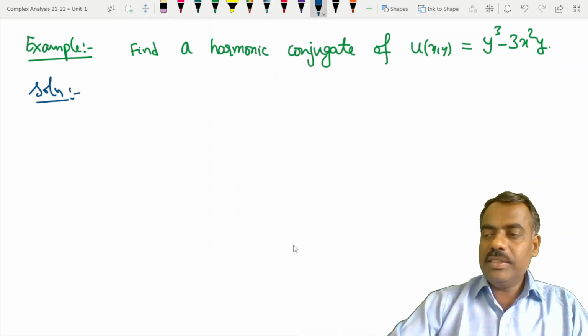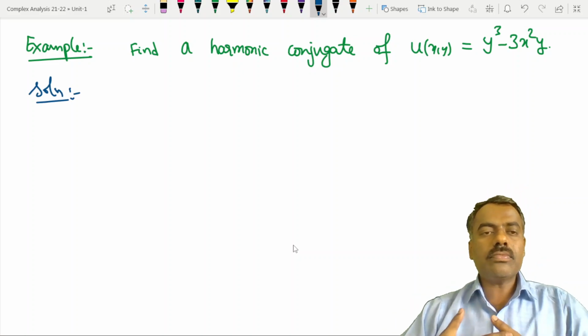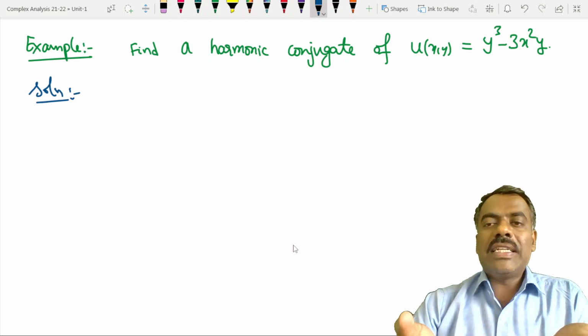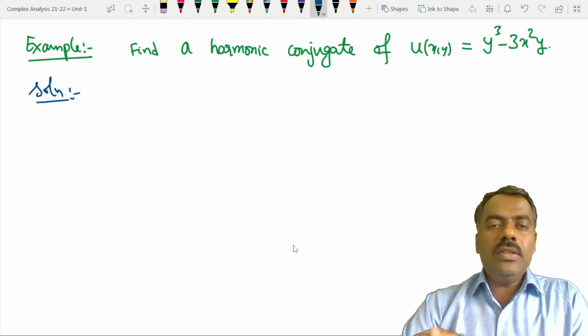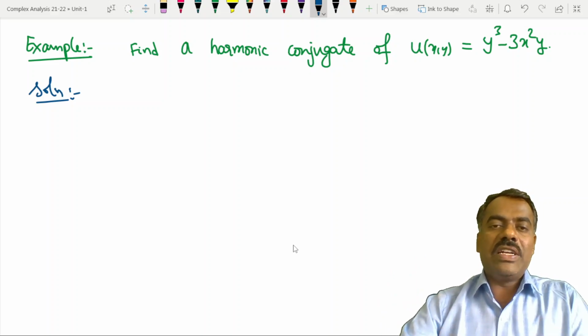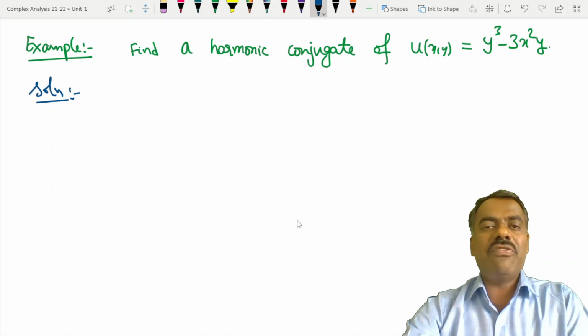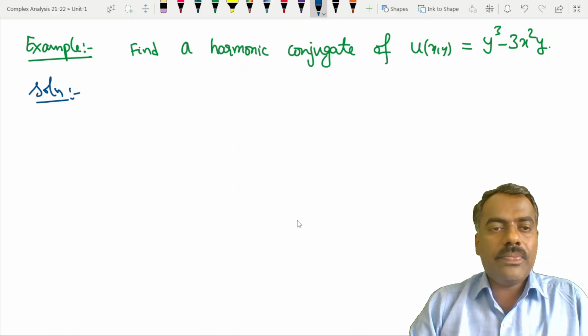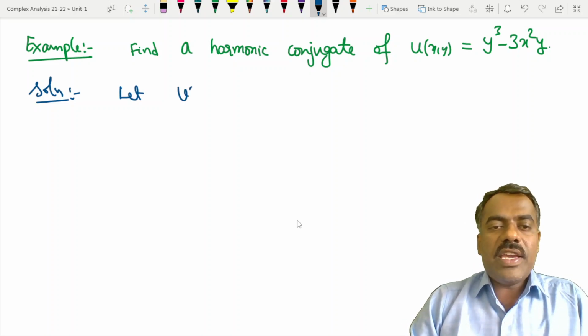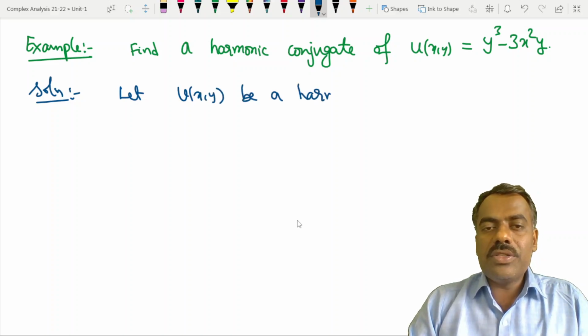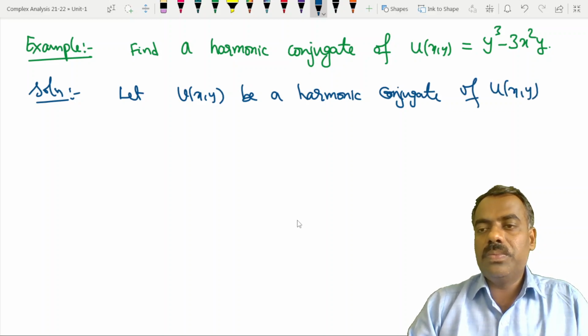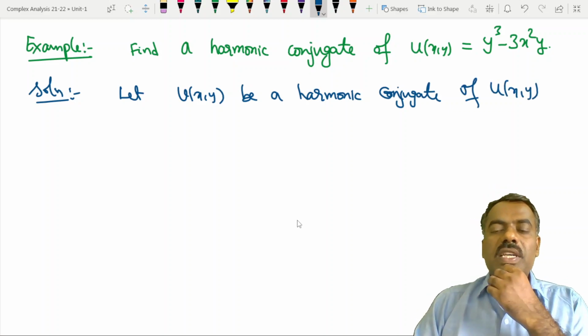How will we find it? We'll assume that v(x,y) is a harmonic conjugate. Then, whatever properties it satisfies, from that we will find v(x,y). So let v(x,y) be a harmonic conjugate of this given function u.